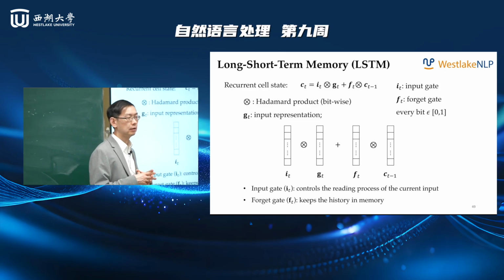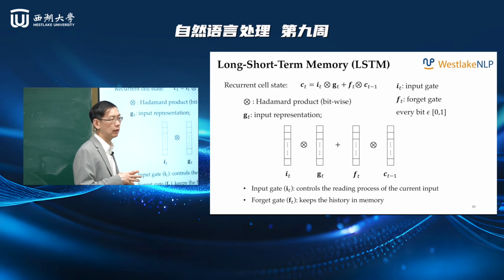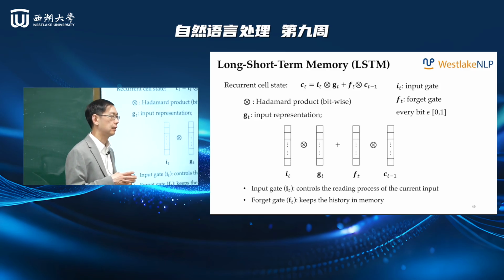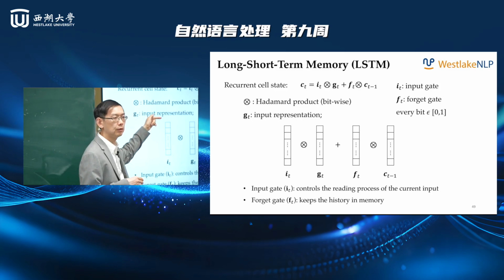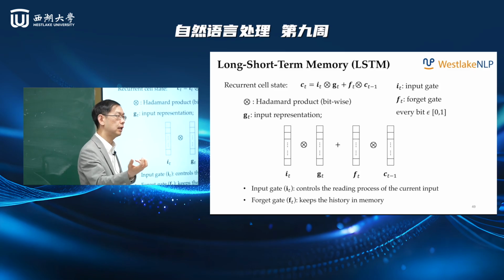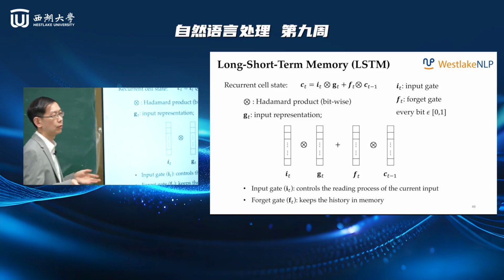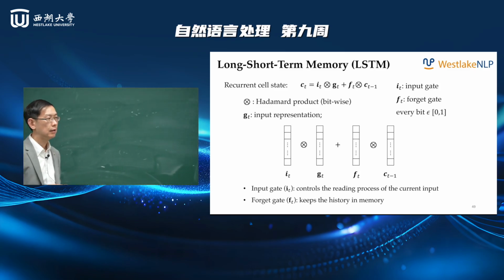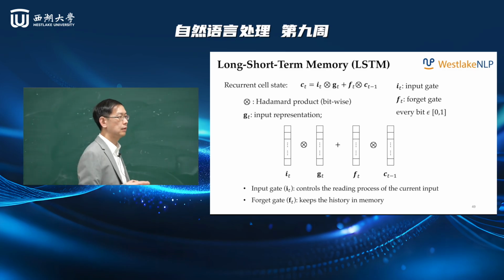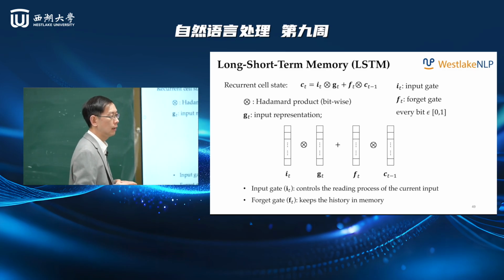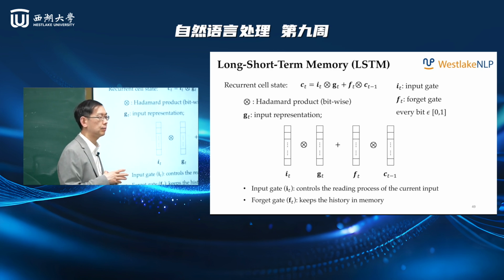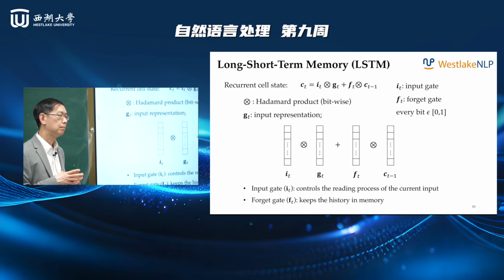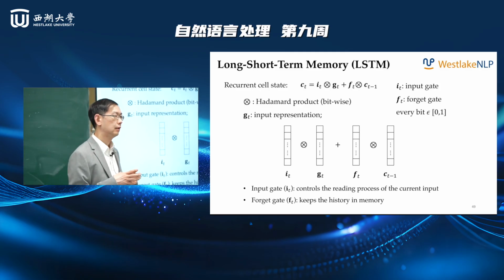And c_{t-1} is the previous cell state, okay? So overall, this equation is still to compute the current cell state from the previous state and the current input. So it's a recurrent function. But it's not a single neuron, okay? There are two Hadamard products. You know Hadamard product means bit by bit product, right?